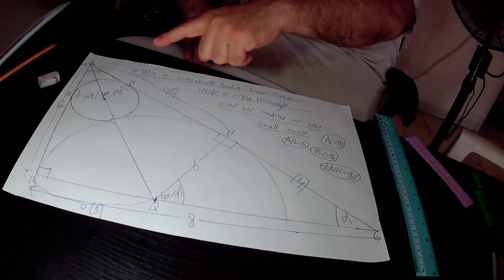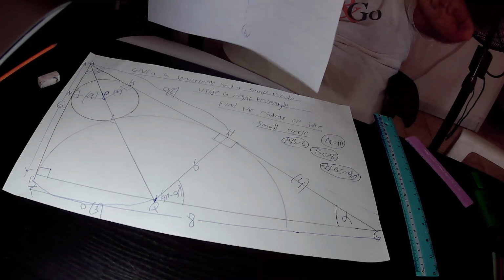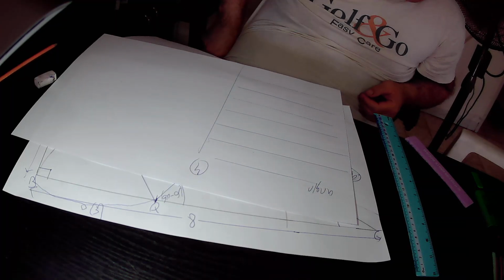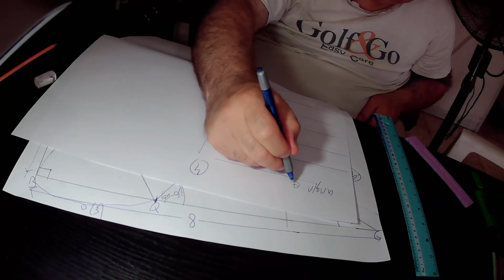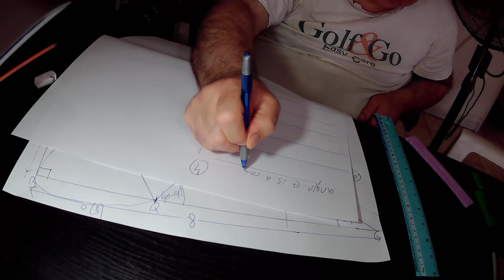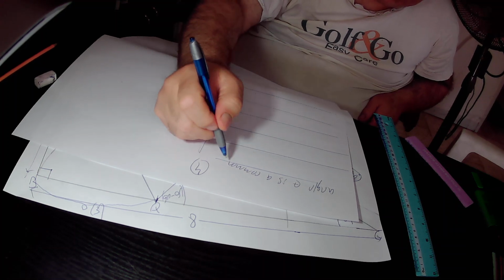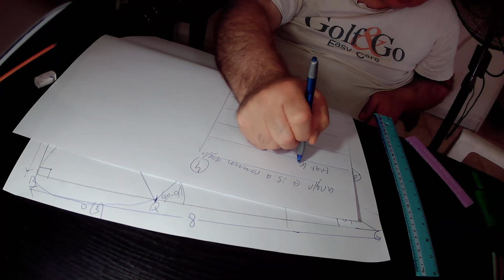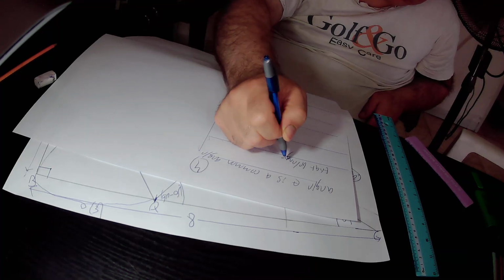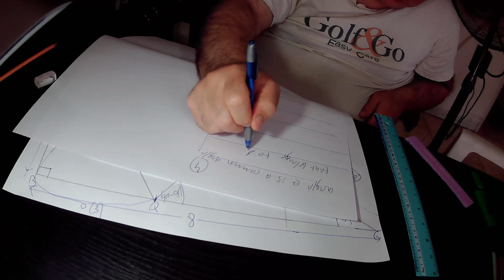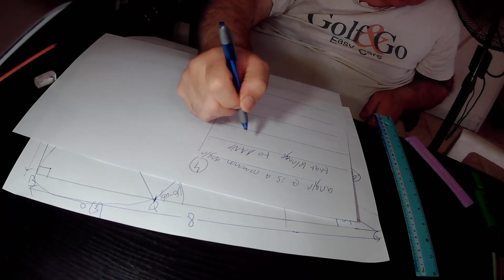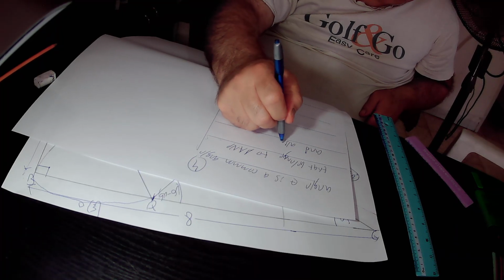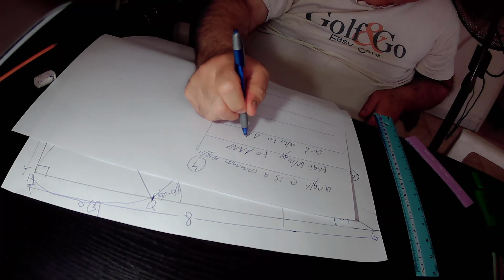Because of the fact that APQ is one straight line, it means that angle theta is a common angle that belongs to the small triangle A and P, and also to triangle ABQ.